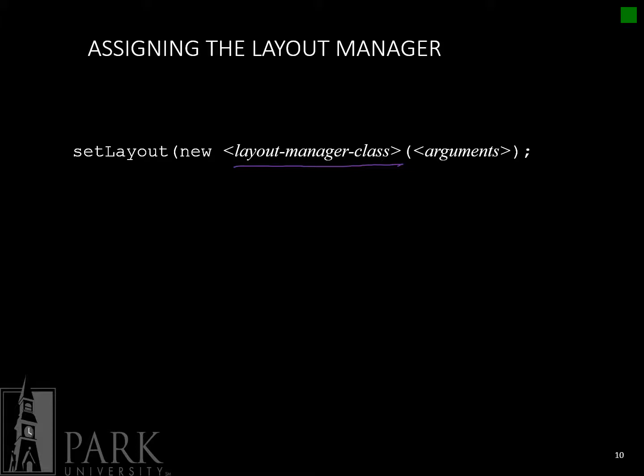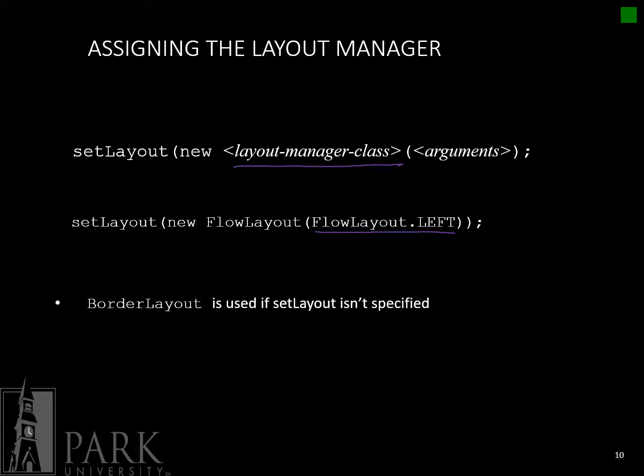And then arguments will get replaced with 0 or more arguments depending on the layout that you choose, like this, where FlowLayout.LEFT is a class constant that's used to adjust how the layout is implemented. If setLayout is not called, then BorderLayout manager is used by default.